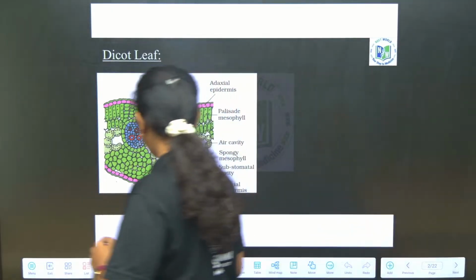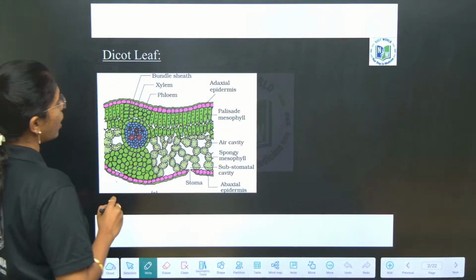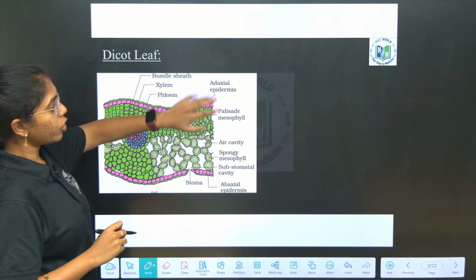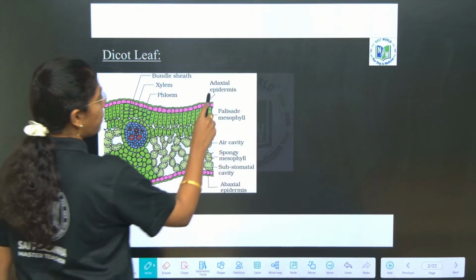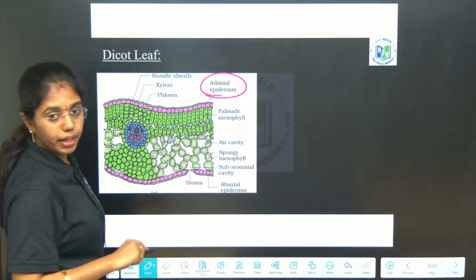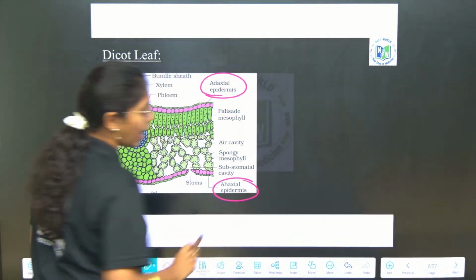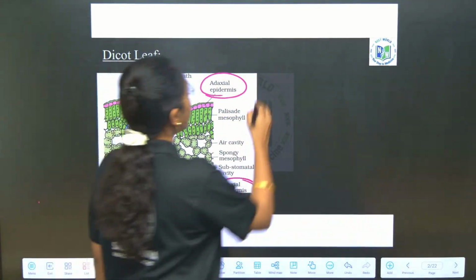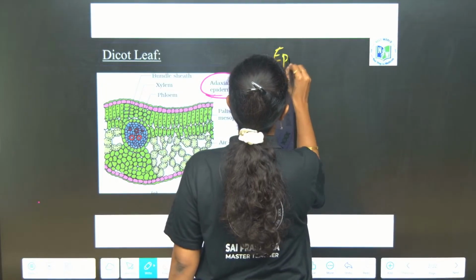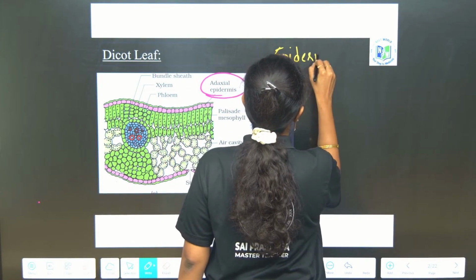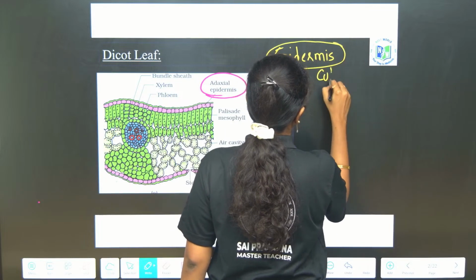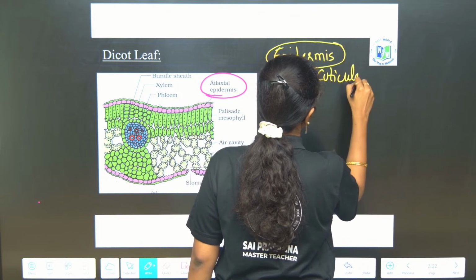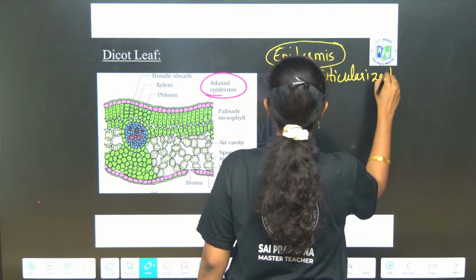So yes, now you see, first is what? Dicot leaf. In dicot leaf you have epidermis, two epidermal layers. The upper one is called adaxial epidermis, the lower one is abaxial epidermis. Both the epidermis is covered by cuticle. Epidermis is cuticularized, which means it is covered with cuticle.